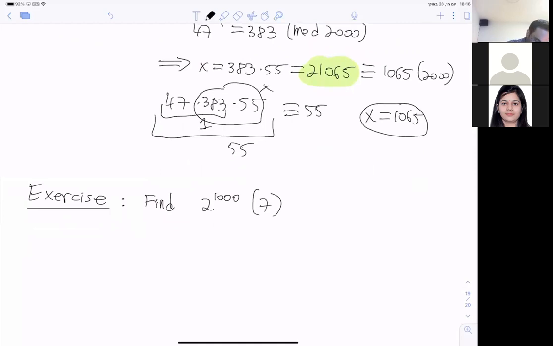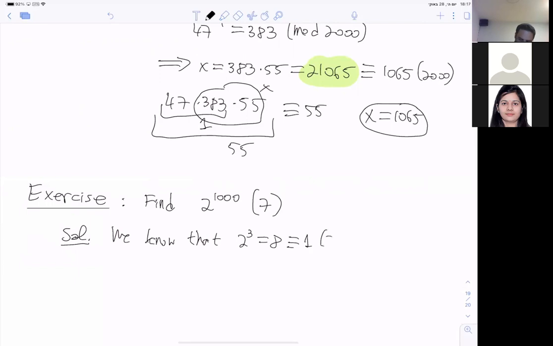Okay, so the solution is very simple. Why? We know that 2 to the power of 3, which is 8, is 1 modulo 7.